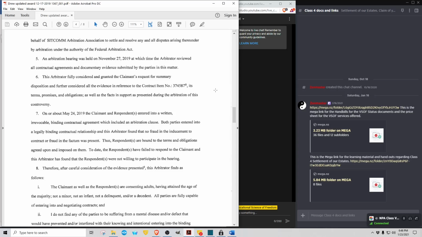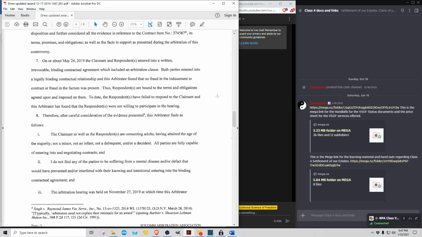This arbitrator fully considered and granted the claimant's request for summary disposition and further considered all the evidence in reference to the contract item number. Now, this is a number that the arbitration company specifically put on the document. That's not a number that we use, but it's just a reference for them. Its terms, promises, and obligations, as well as the facts and support as presented during the arbitration of this controversy.